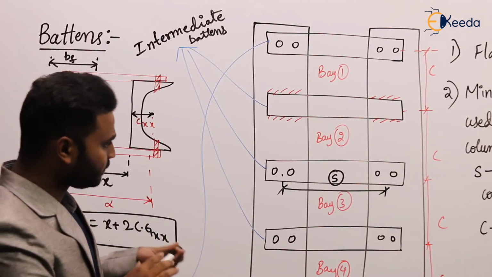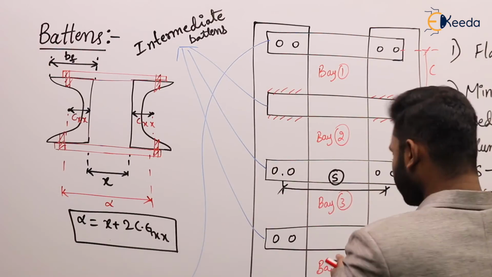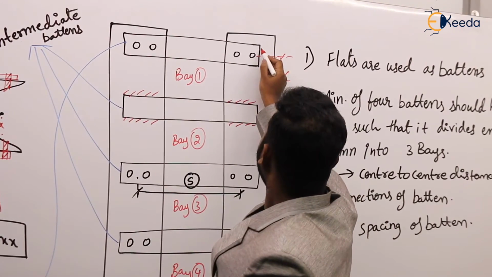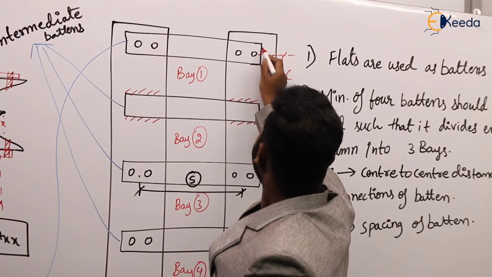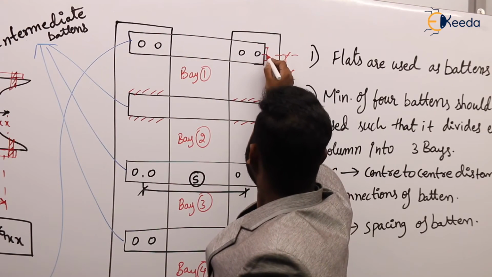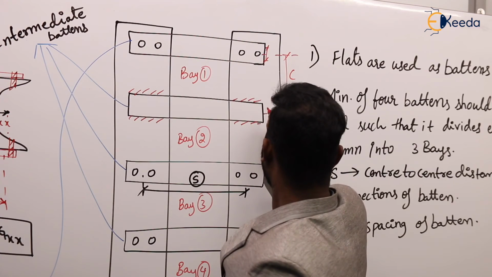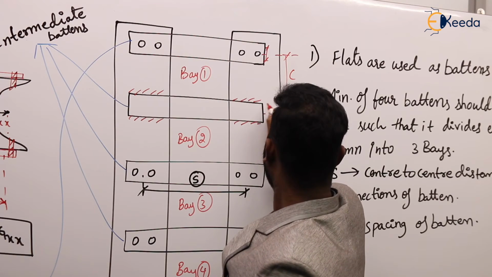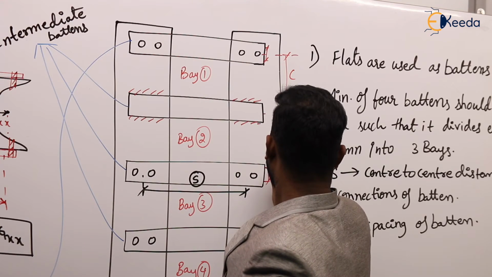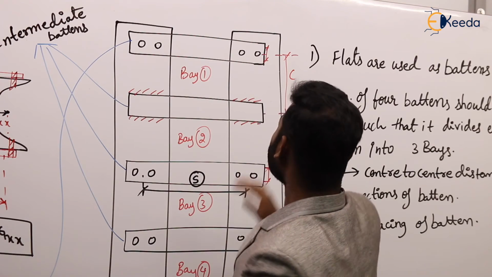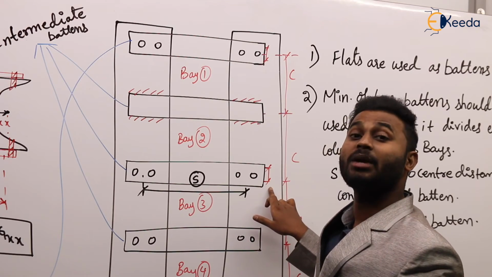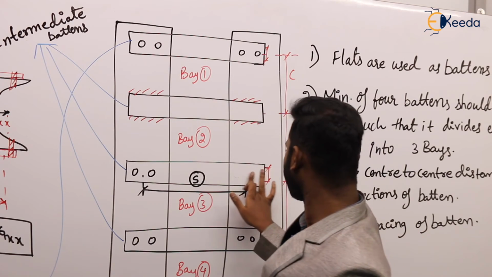So now if you observe, these are called the effective depth of the end pattern, and this is the effective depth of the intermediate pattern. Agree? So actually here the connection should be provided like this.